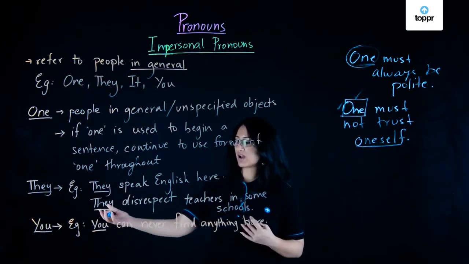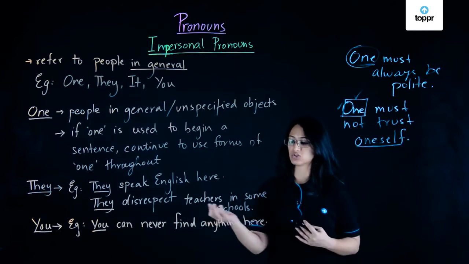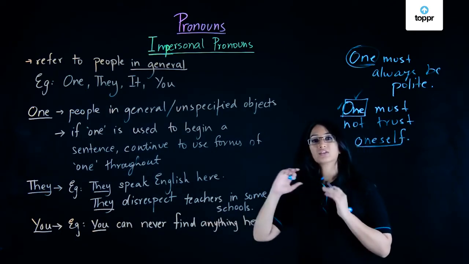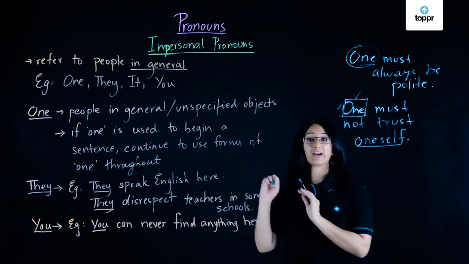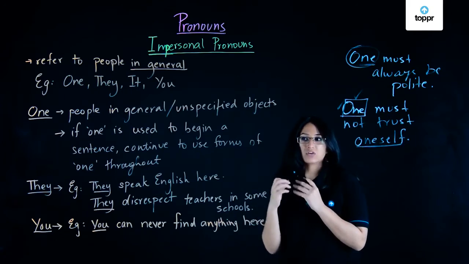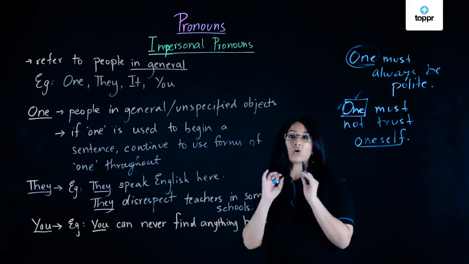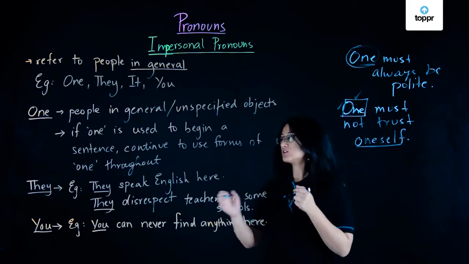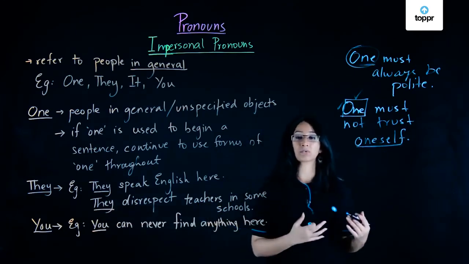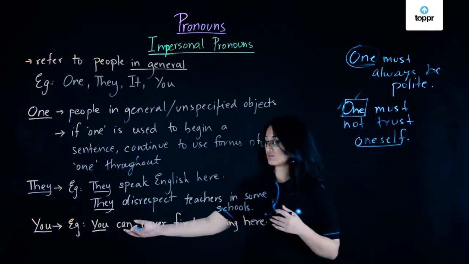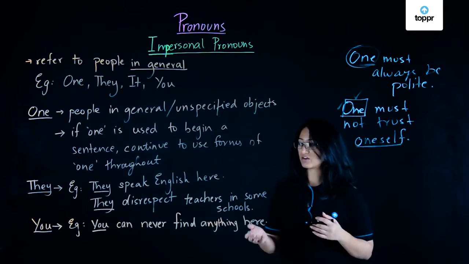Similarly, in this sentence, you have they disrespect teachers in some schools. Again, they is referring to something unspecific or in general about maybe the students in the schools, etc. But I'm not specifying it, or I'm not placing it in a group that has been mentioned. So here they is used as an impersonal pronoun. Now you similarly can be used in sentences such as you can never find anything here.